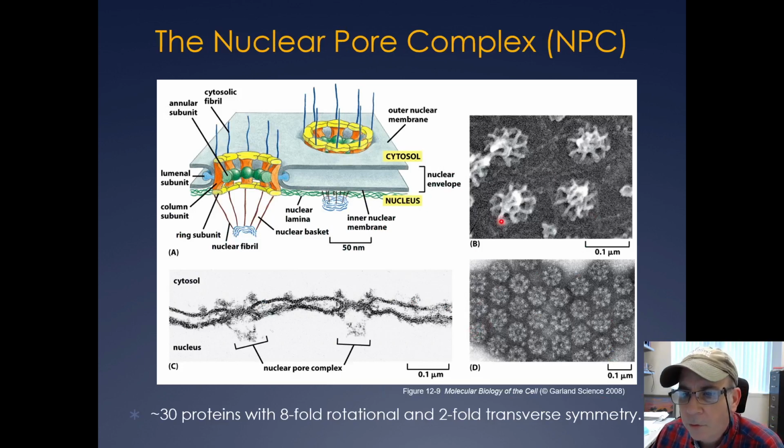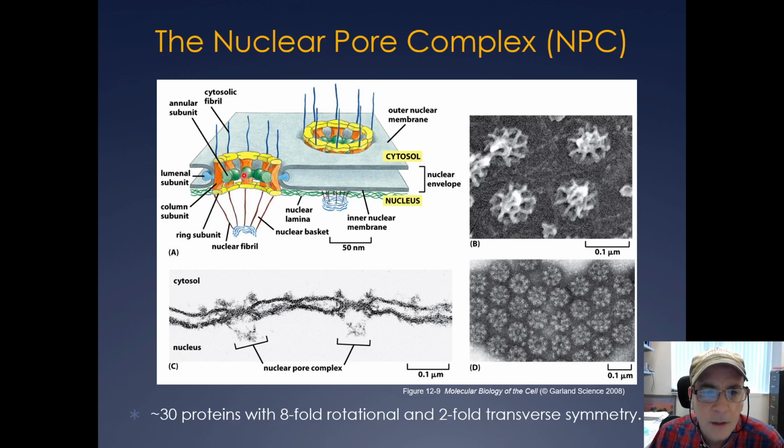Okay, so here's some great electron micrographs of the nuclear pore complex. And you can see the symmetry that exists in it. There's actually, I think, 8-fold symmetry in the nuclear pore complex. And here's a little schematic of it, right? You have these little cytosolic filaments that are coming out to help capture stuff, and then you have your ring subunits that go all around it.